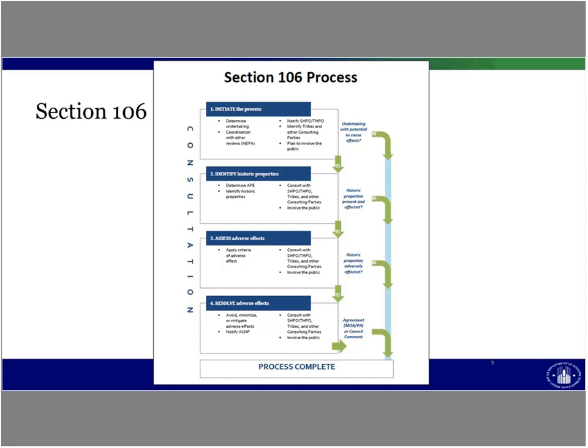And if that effect is going to be adverse, then the consultation continues to avoid, minimize, or mitigate any adverse effects. Notice that throughout the whole process, on the left-hand side of the chart here, consulting parties are mentioned.